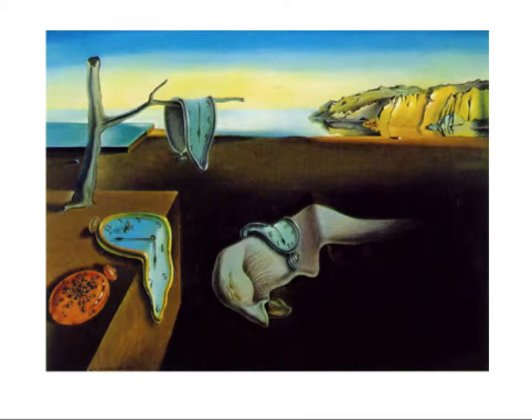Okay, and looking at this example, I use this example because it's an example of playing with this geometric versus organic type of nature. This is a painting by Salvador Dali, and a lot of his work's kind of strange, kind of out there, kind of weird looking. And what he's doing here is taking things that are normally geometric, like a round clock, and by showing them looking like they're melting, they look more organic.